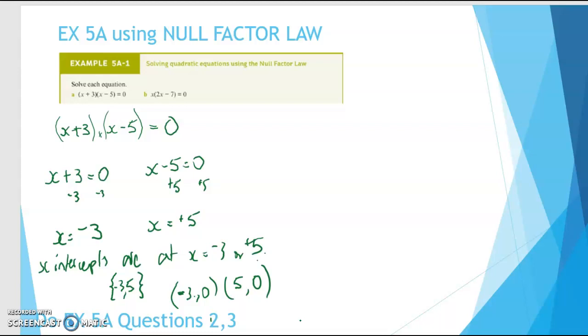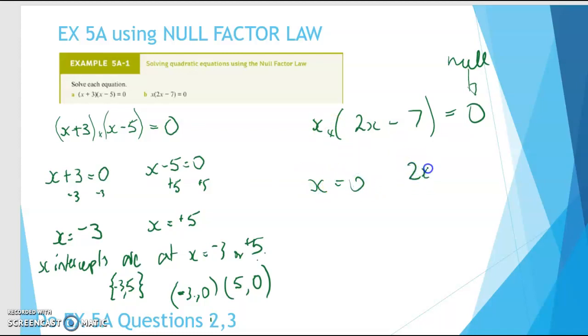Okay, let's go to the second one, which is x brackets 2x minus 7 equals 0. So there's your null factor law. Now we need to know that one of these factors, either x equals 0 or 2x minus 7 equals 0. This first one's quite straightforward, so beware of that.